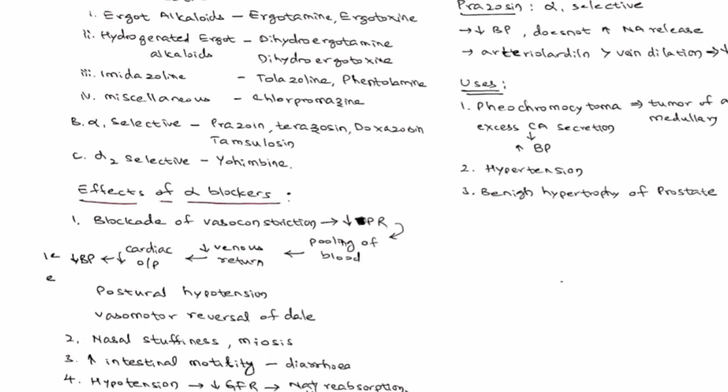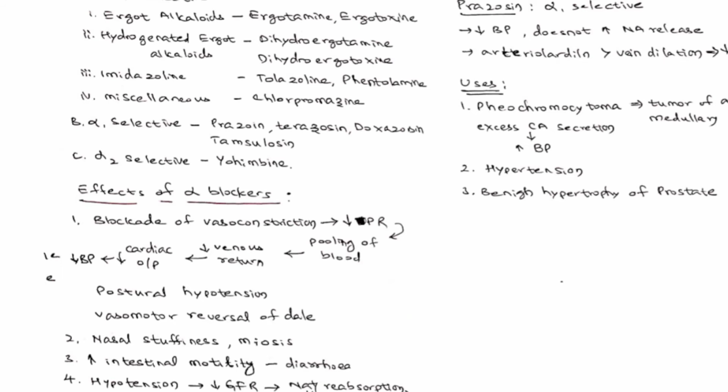Adrenaline is known for increasing blood pressure, but as the alpha blocker blocks the alpha receptors which cause vasoconstriction, there is vasodilation, and further adrenaline acts on the beta receptors, causing dilation of the arteries, leading to a decrease in blood pressure. This is known as vasomotor reversal of Dale.